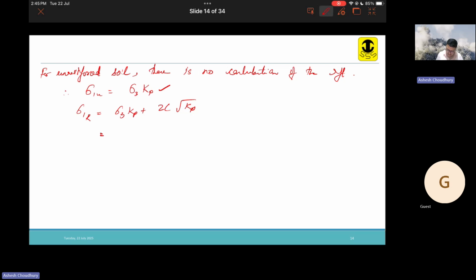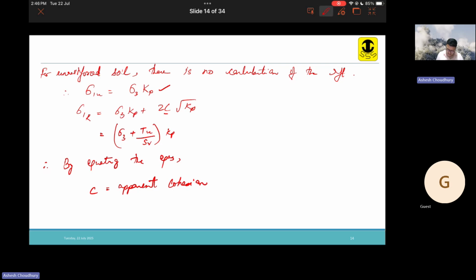So if you equate these two, we get, equating the equations, c is our apparent cohesion, which is nothing but Tu by twice Sv root Kp.